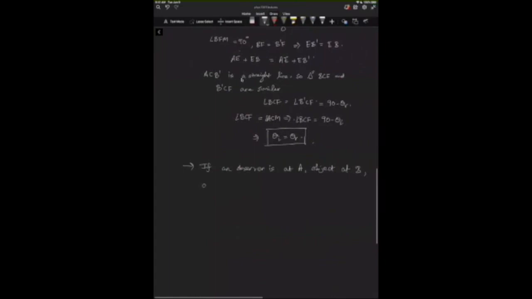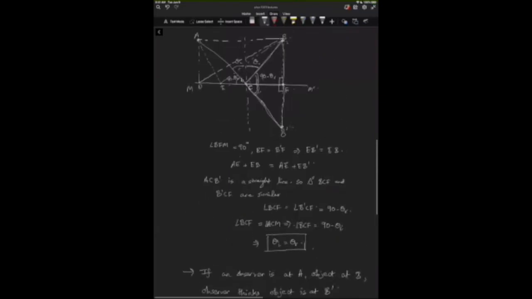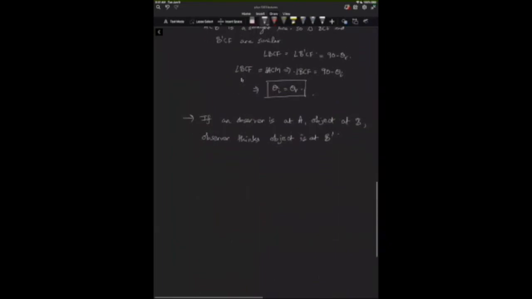So the observer thinks the object is, sorry, is at B prime, which is inside the mirror. It's as if there were no mirror, and you see the reflection of B at B prime, which is exactly equidistant from the mirror as B is from MM prime.